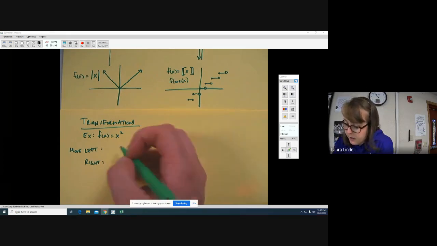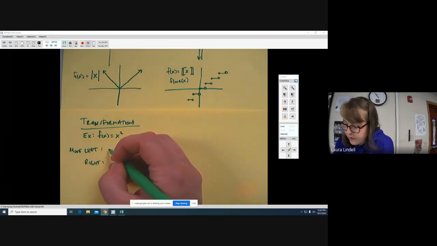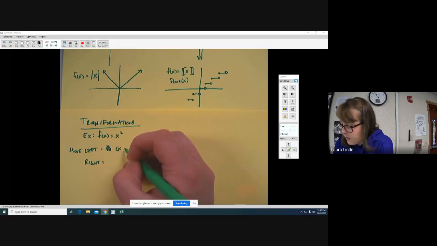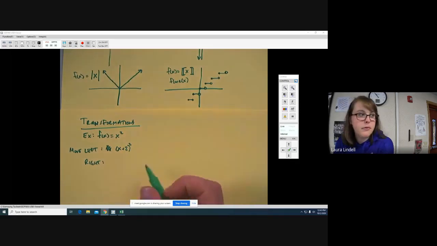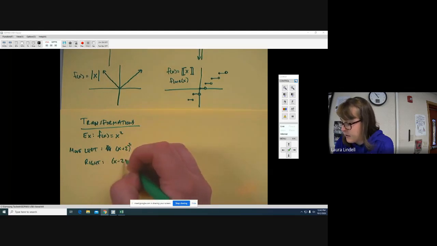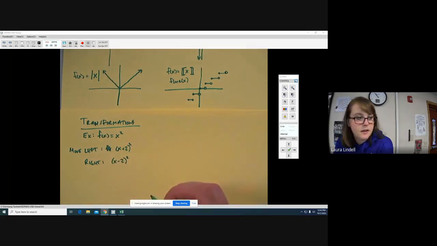So if we're going to move something to the left, I'm going to call it x plus 2 squared, which would be moving it to the left 2. Moving it to the right would be x minus 2. But it would be grouped inside the parentheses with the square on the outside. So that's moving left and right.